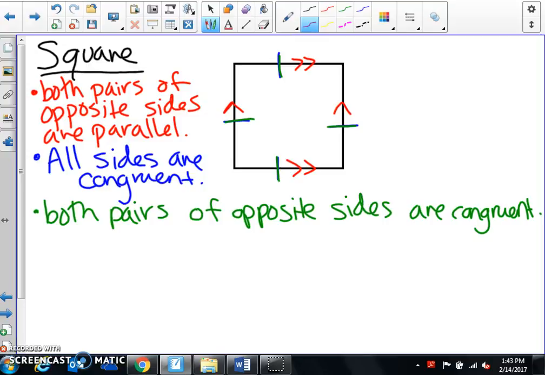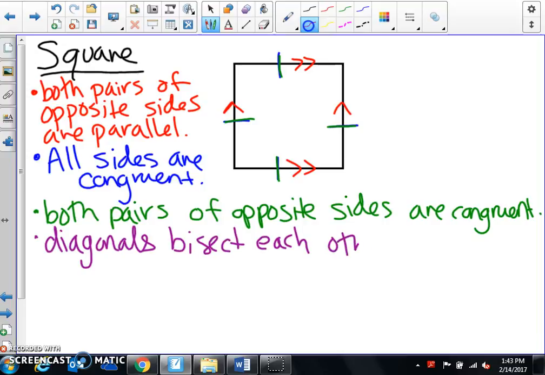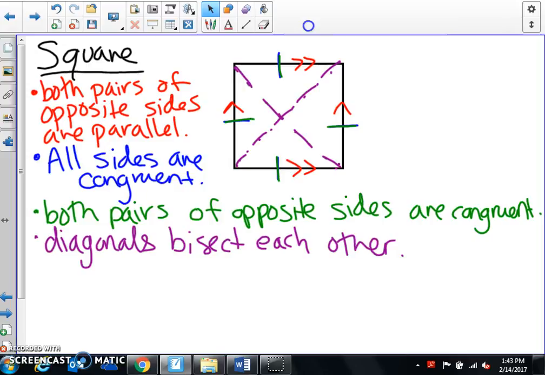The next thing we know is that diagonals bisect each other. All that means, y'all, is look, this side over here bisects this side over here. That's all that means. Okay? You can even put more of it than just dotted.